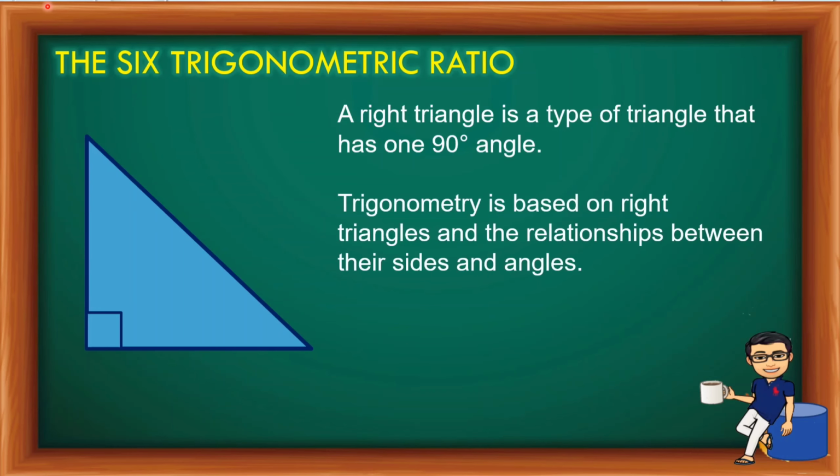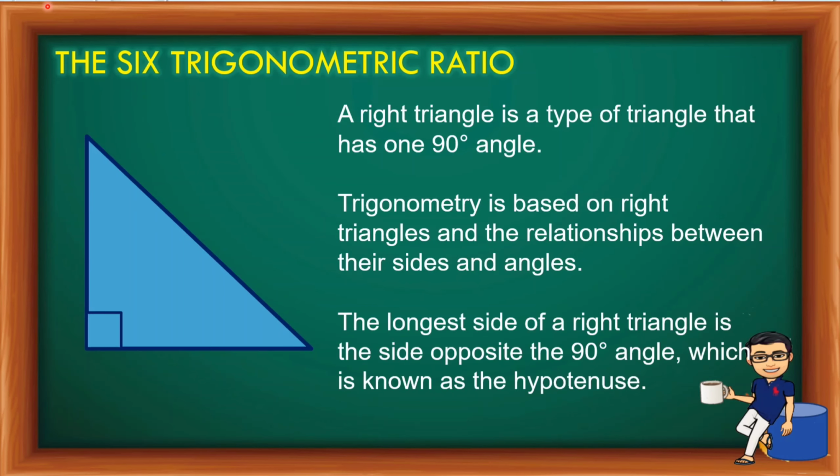In addition, trigonometry is based on right triangles and the relationships between their sides and angles. Later on, with our example, we will try to work on with finding sides and angles of the right triangle.